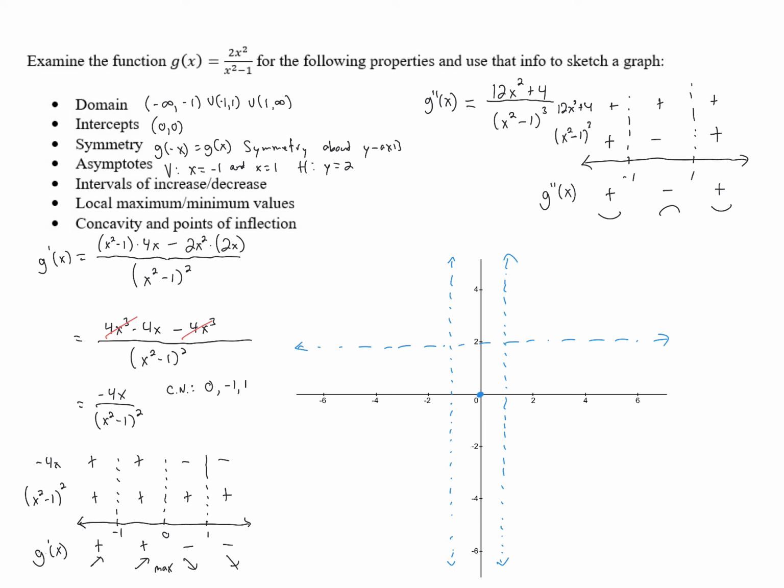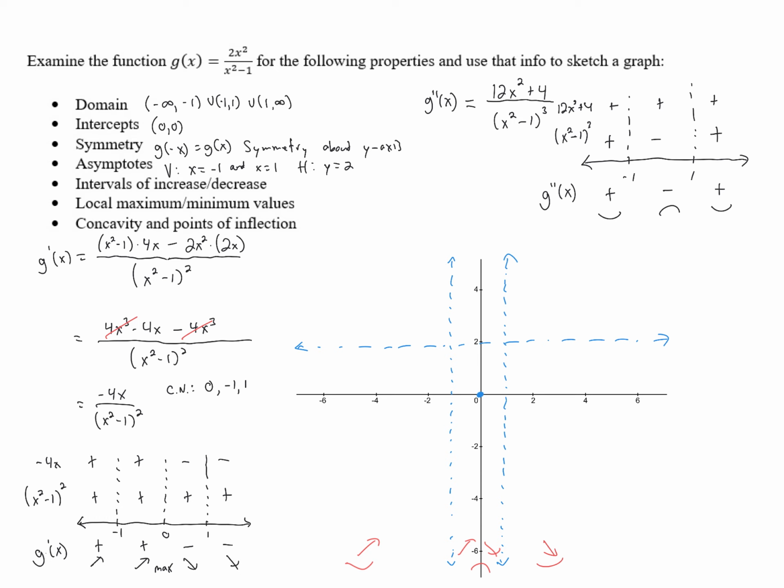And what did we have about increasing and decreasing and concavity? The function is increasing to the left of 0, and then decreasing to the right of 0. And the concavity was concave upward on the outsides and downward in the middle.